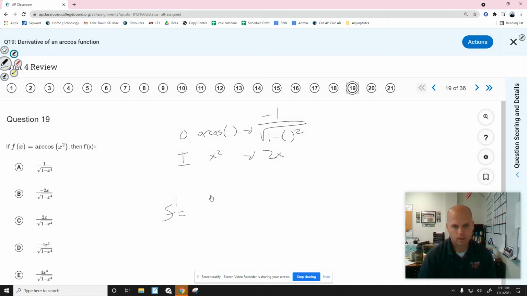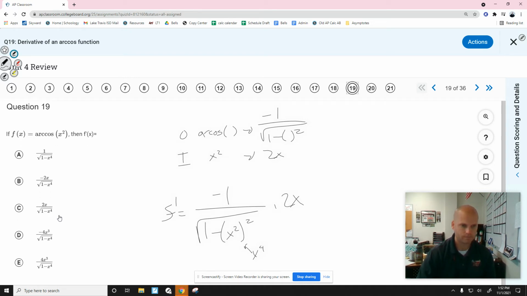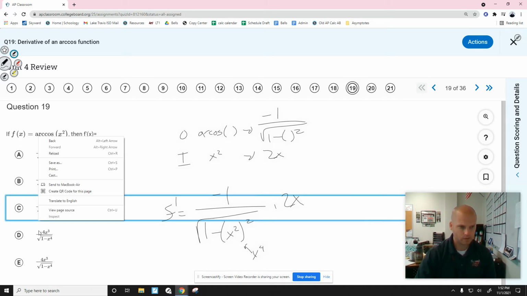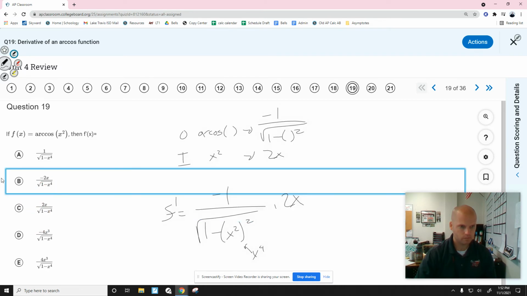So I've got negative 1 over root 1 minus what starts in the parentheses stays in the parentheses, times 2x. This turns into x to the 4th. The 2x can go up top, so I have negative 2x over root 1 minus x to the 4th.